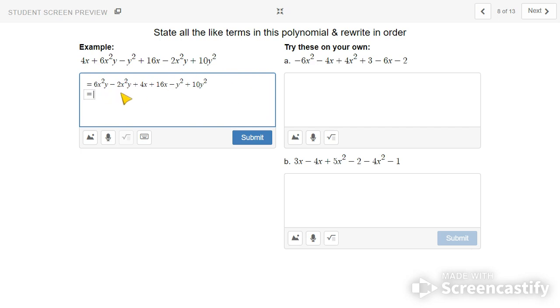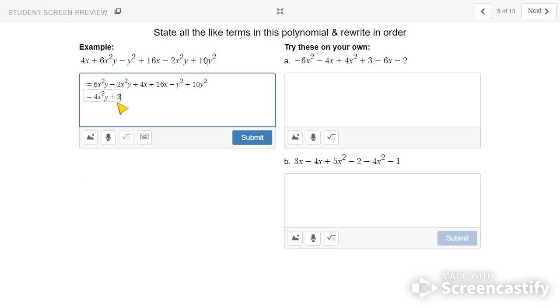Now, because these are like terms, I can simplify these. It says that I'm subtracting, so we're going to take our coefficients and subtract them. 4x squared y, that accounts for the first two. Next, we have 4x plus 16x.